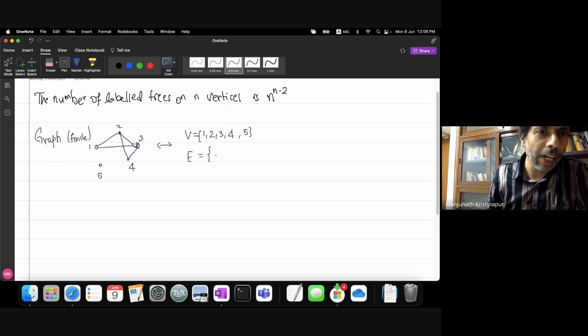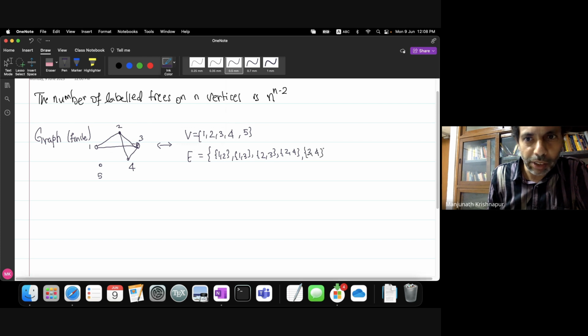Where for now I don't allow a vertex to be related to itself, so it's not reflexive. For example, here 1, 2 is an edge. It's an undirected graph. A directed graph is another concept where we can allow these to be ordered tuples. But here 1, 2, 1, 3, 2, 3, 2, 4 are all edges. And then 3, 4 is also an edge.